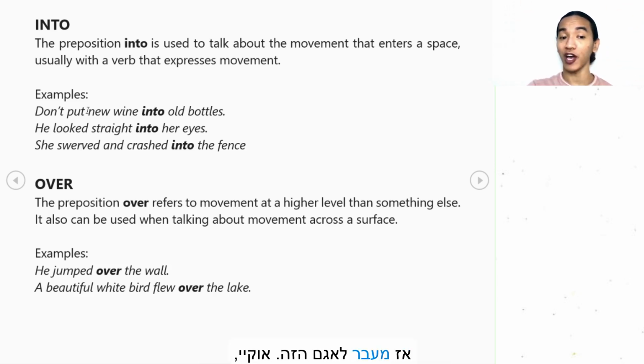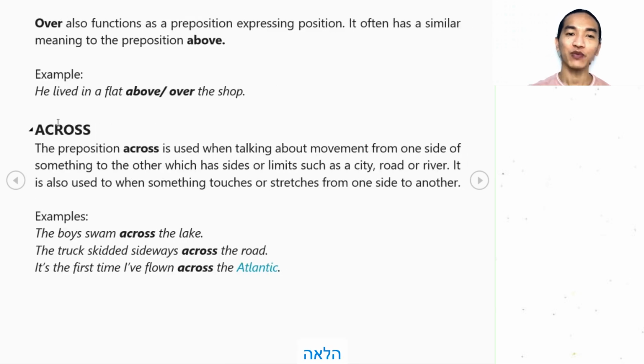So, across that lake. Next one here, "over" also functions as a preposition expressing position. It often has a similar meaning to the position "above". He lived in a flat above or over the shop.